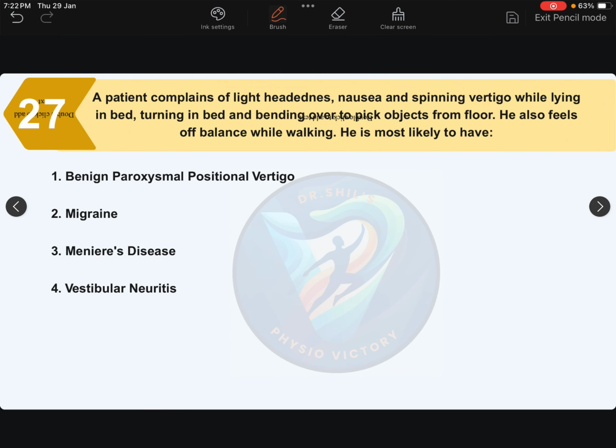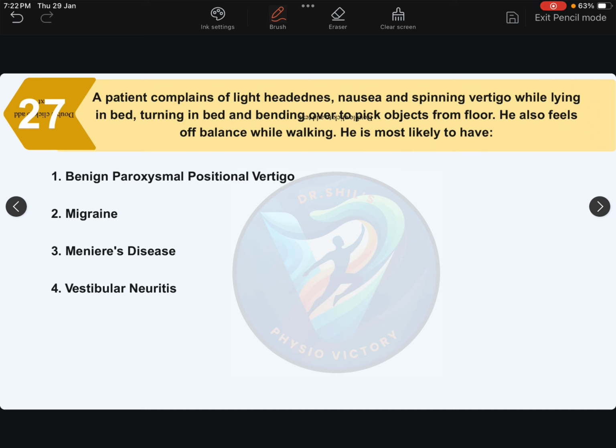Next, come to question number 27. A patient complains of lightheadedness, nausea, and spinning vertigo while lying in bed, turning in bed and bending over to pick objects from floor. He also feels off balance while walking.